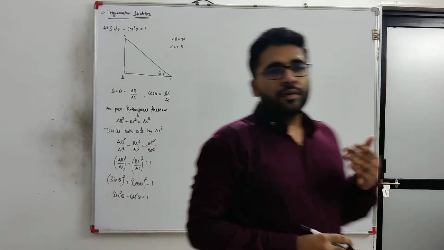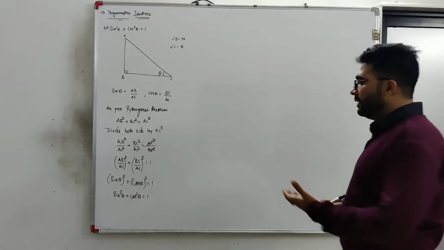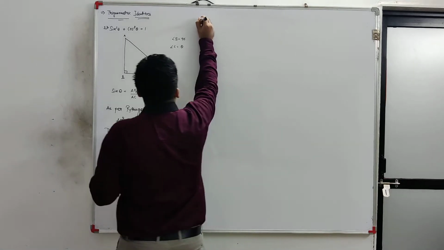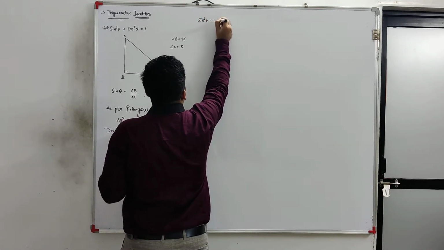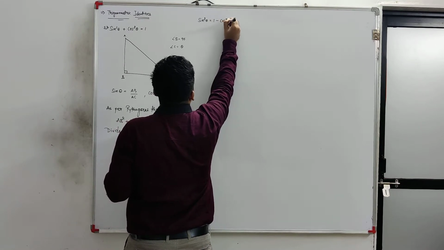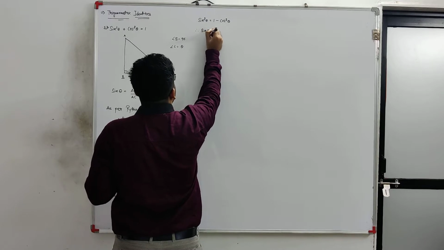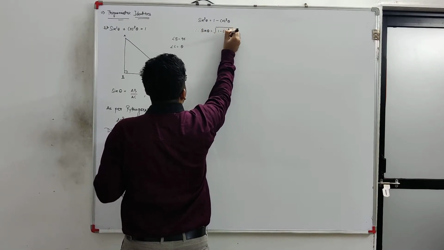Now from this identity I will derive some other identities. Let me see how we can modify this identity. First I can change it to sine square theta is equal to 1 minus cos square theta. Therefore sine theta is equal to under root of 1 minus cos square theta.